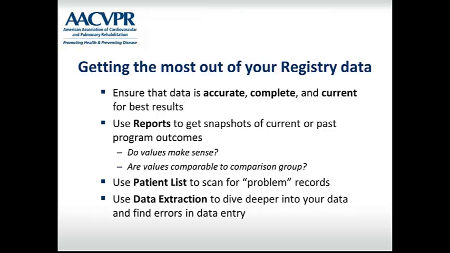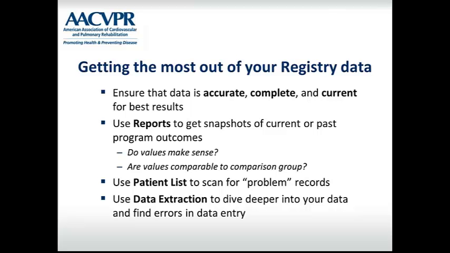So then, to get the most out of your registry data, to ensure that your outcomes are accurate and you're getting a good picture of your patients and your program, ensure that the data that you enter is accurate, that it is complete, and that it is current and meets the program or the registry definitions for best results.